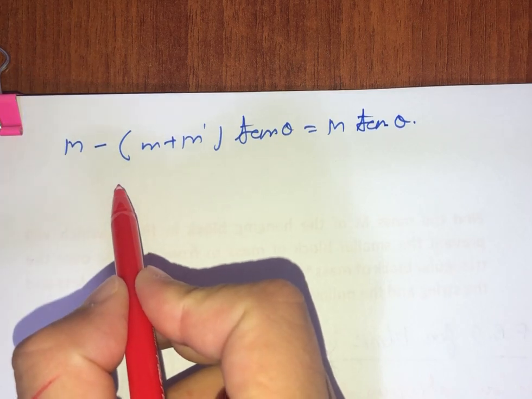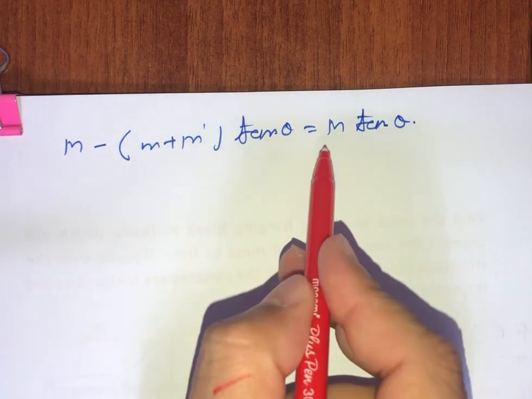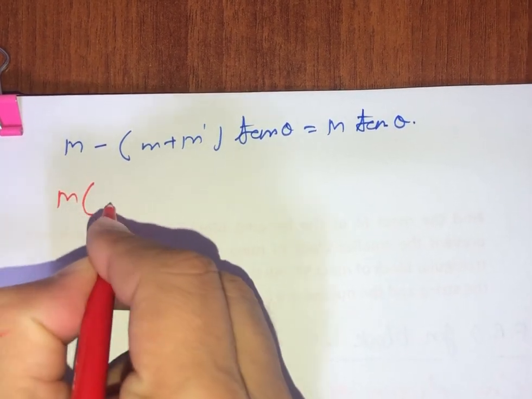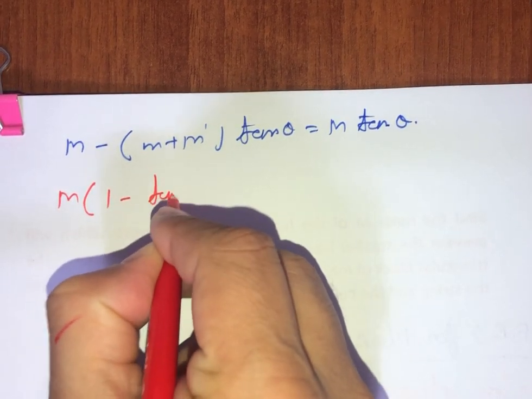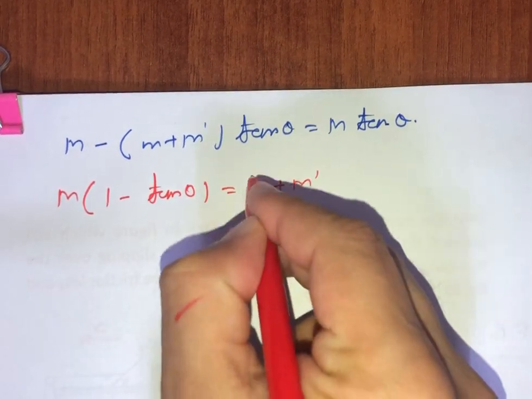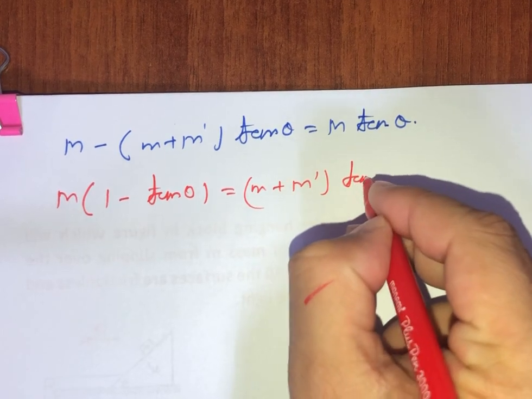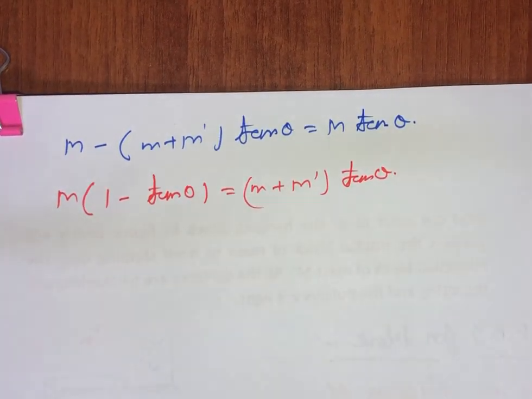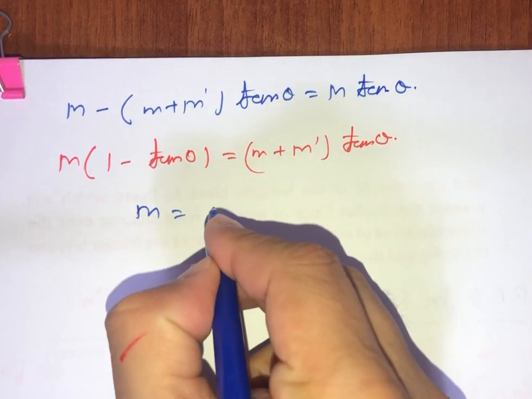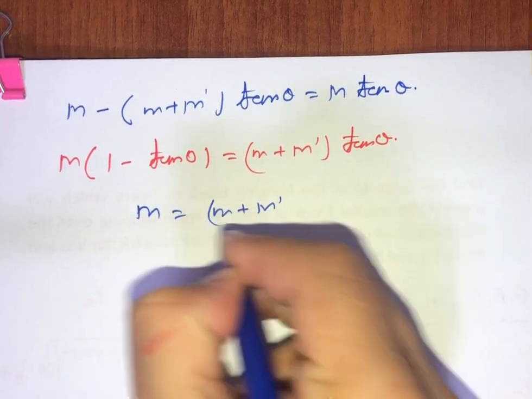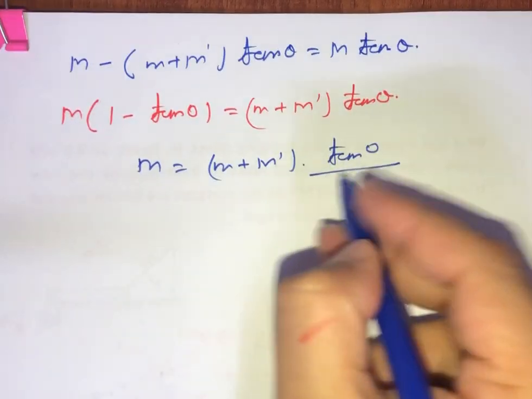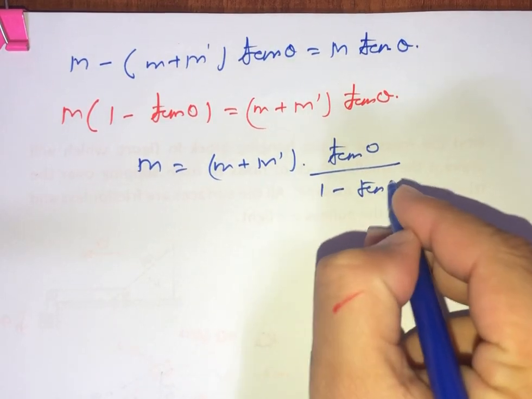So this can be further written as, taking this M into 1, we get M times (1 minus tangent of theta) is equal to (m plus M prime) tangent theta. So the solution will be M is equal to (m plus M prime) times tangent of theta divided by 1 minus tangent of theta.